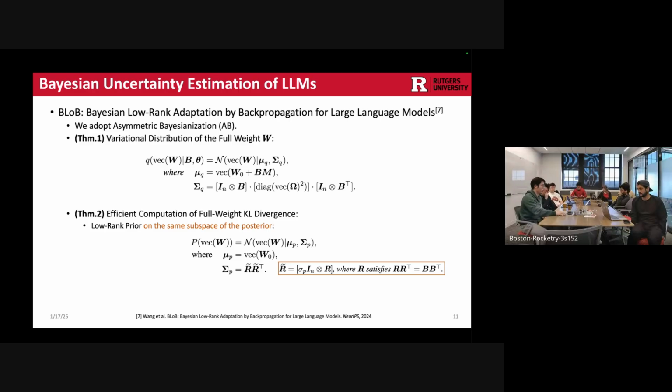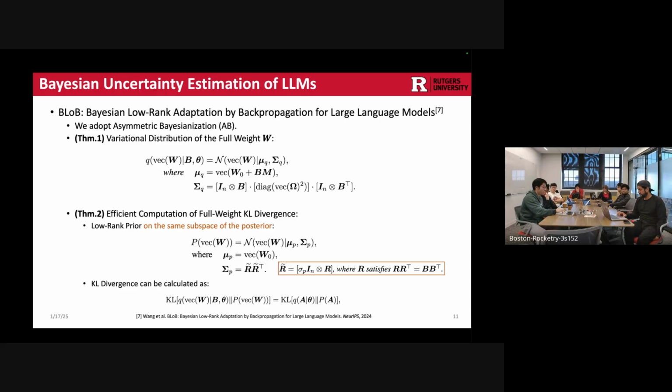With this, originally, if you want to calculate the KL divergence in the full weight space, it takes a lot of time because your weight is very huge, right? You have large neural models. Calculating those KL divergences is unaffordable.